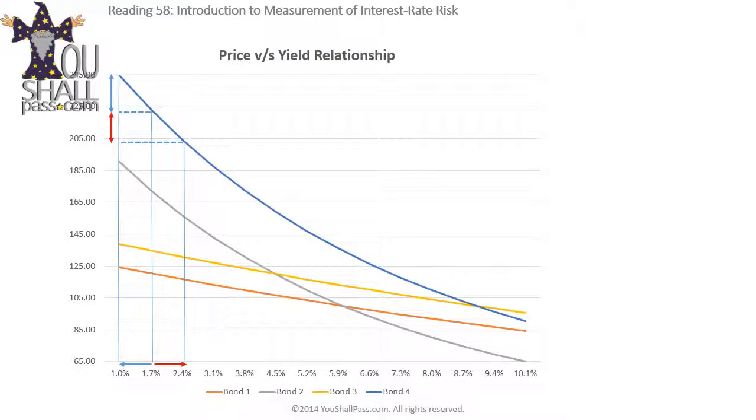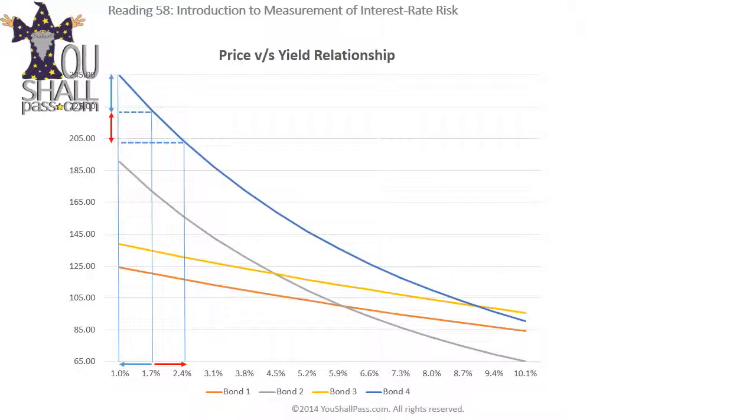Looking at the shape of the curves then, specifically the one for bond 4 where the curvature is the most accentuated, you can see that as we move leftward along the yield curve, the changes in price become greater for a given change in yield. And as we move rightward, the opposite applies.